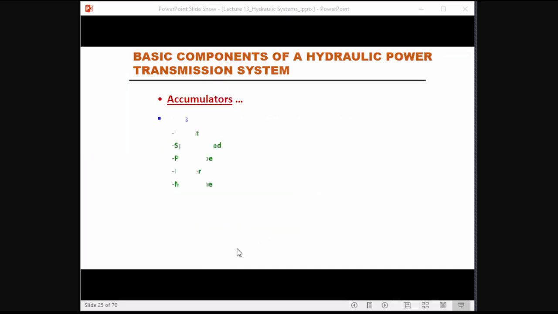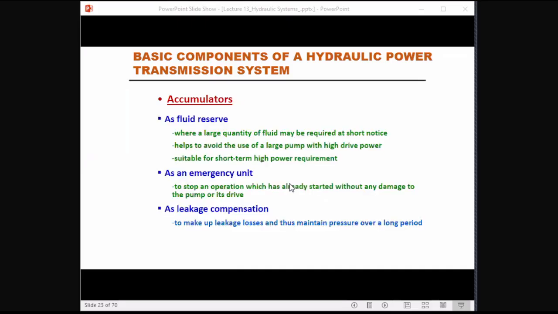Okay, these are some basic functions we need to discuss under accumulator.